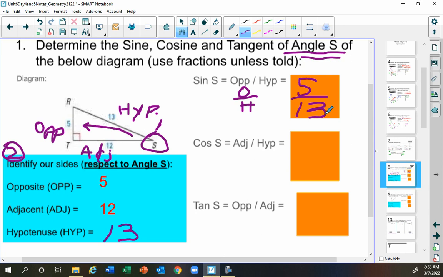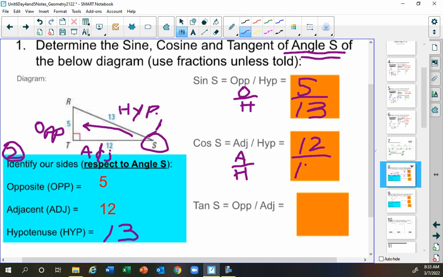Okay. Now for the next one, the cosine. I have adjacent over hypotenuse. So what's our adjacent value? And what's our hypotenuse? 13.